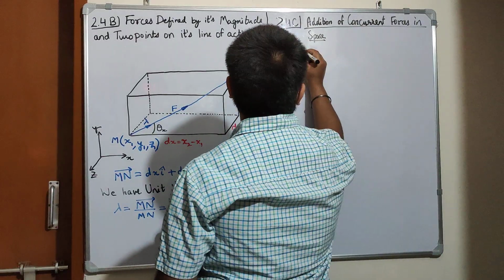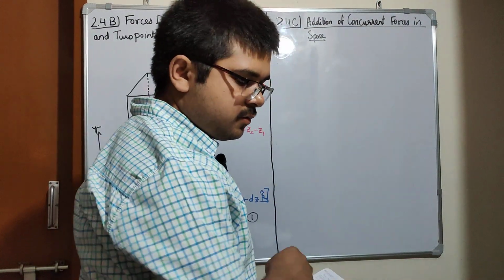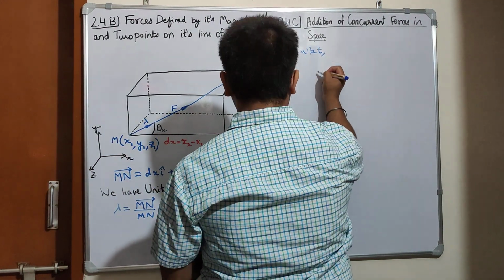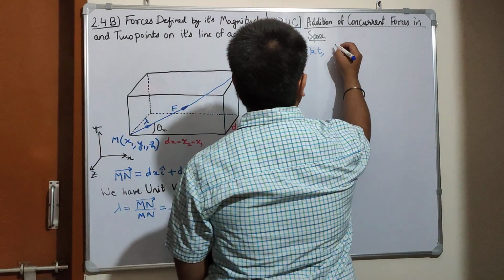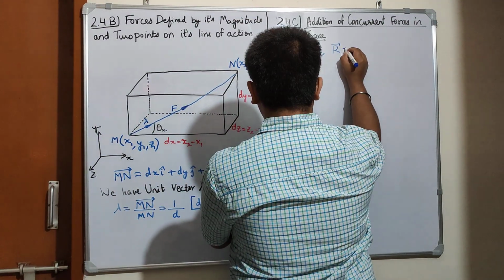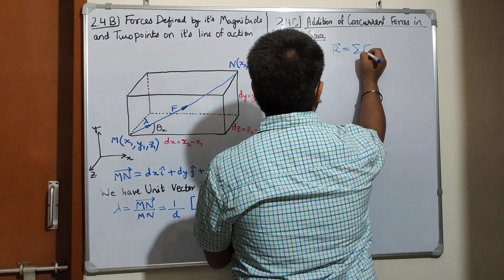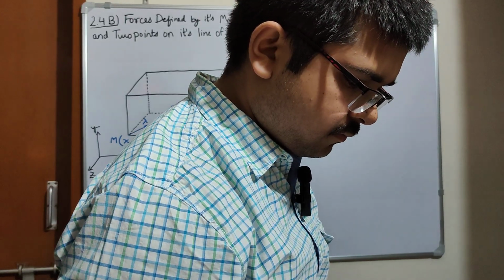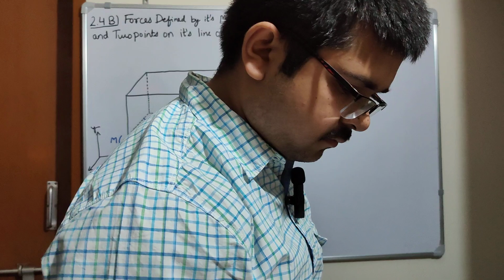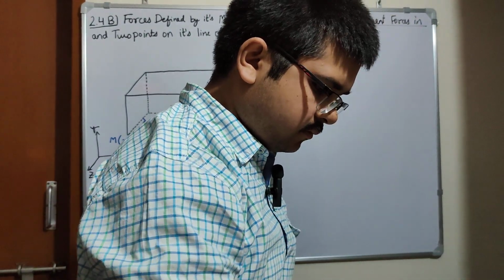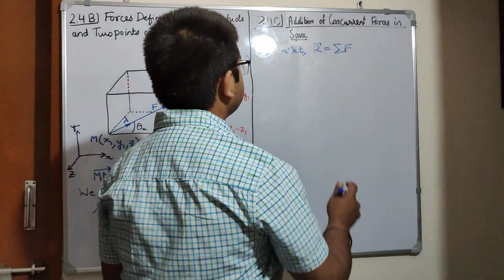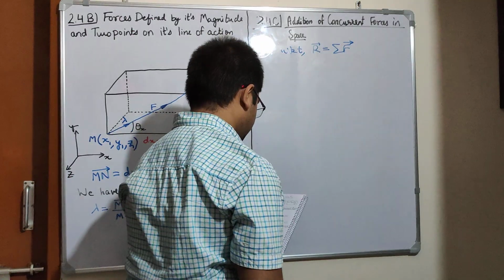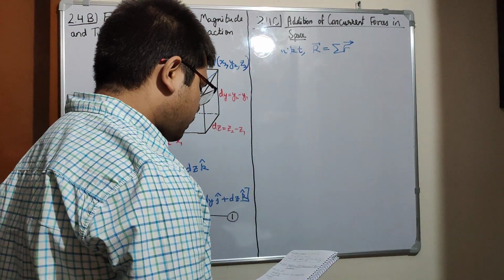So we know that R vector is equal to summation of F vector.